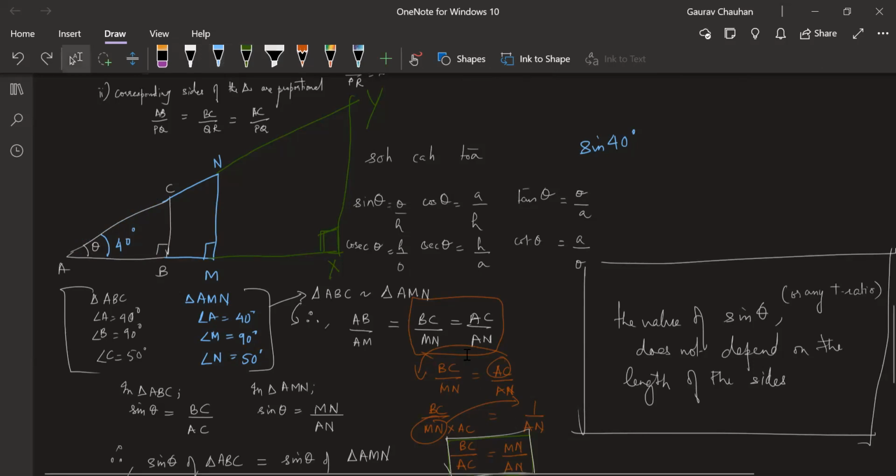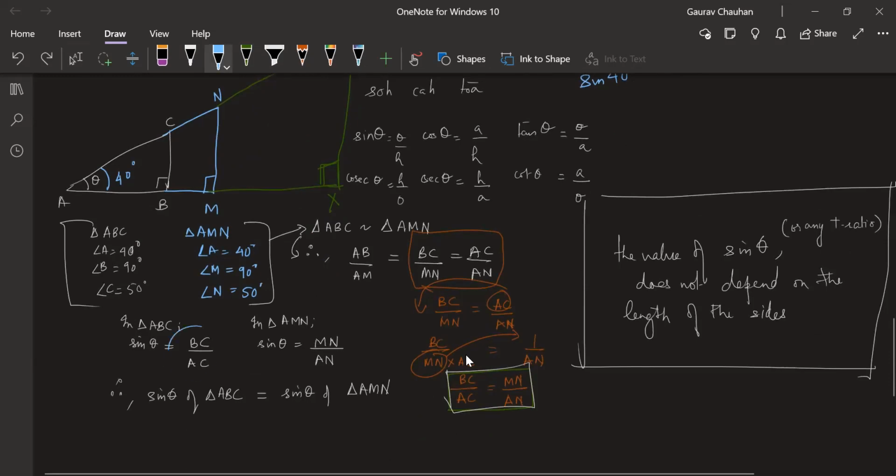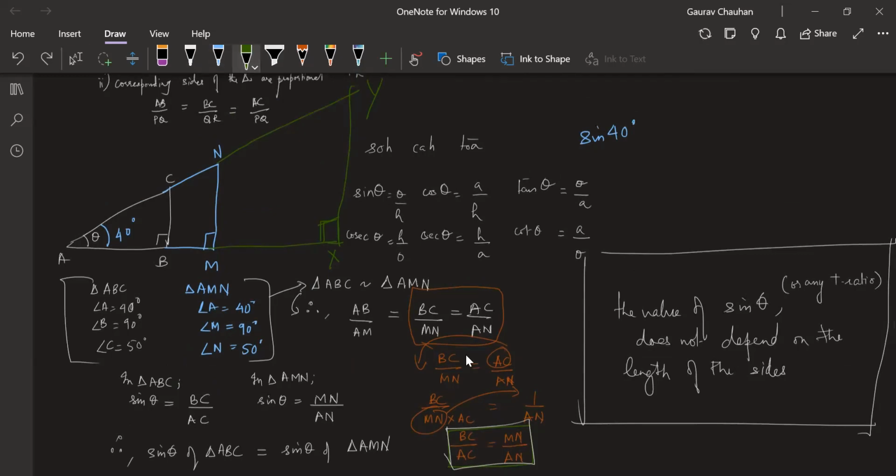If I take BC by AC, or AMN by AN, or XY by AY, in all of these three cases, I'm going to get the same exact number, because the triangles end up being similar. I get the same exact fraction, or the same exact ratio.